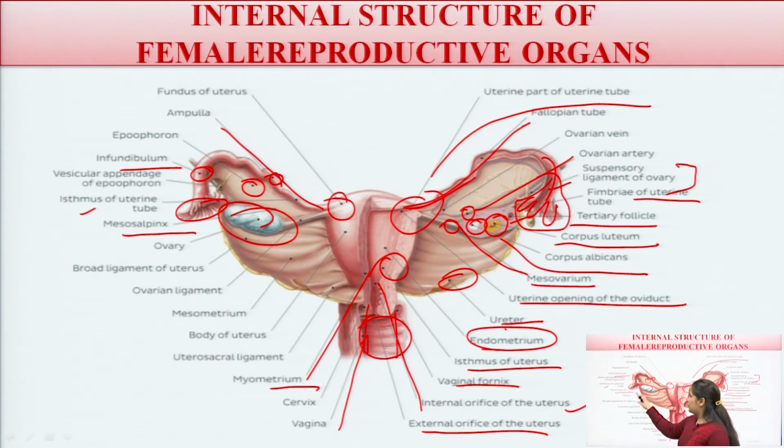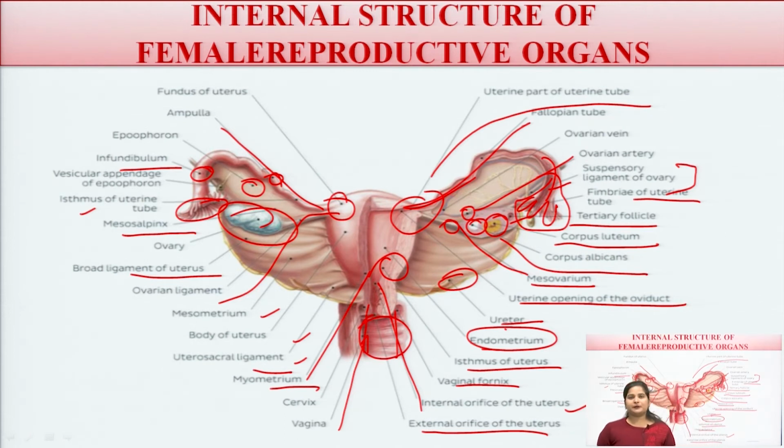This is the ovary, right. Now this is the broad ligament of the uterus. This is the ovarian ligament, the mesometrium, the body of the uterus, and the uterosacral ligaments. Uterosacral ligaments means the ligaments between the uterus and the sacral bone.